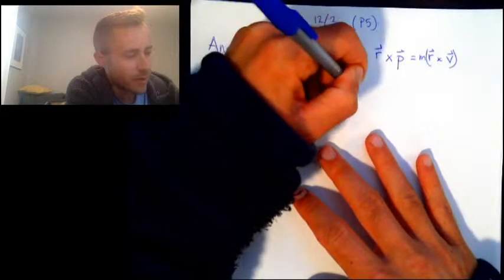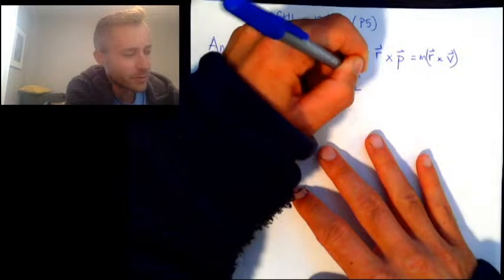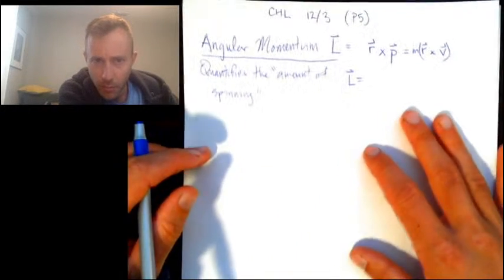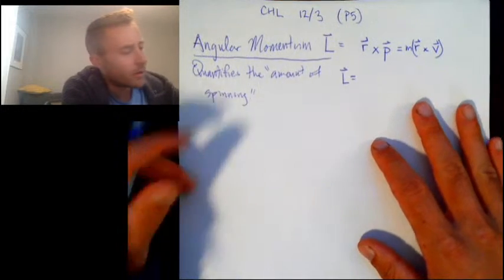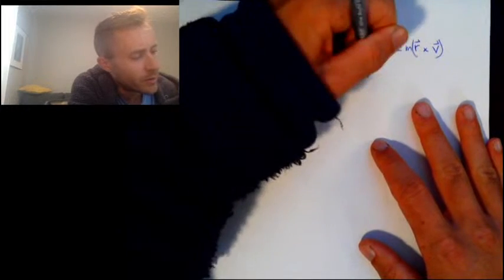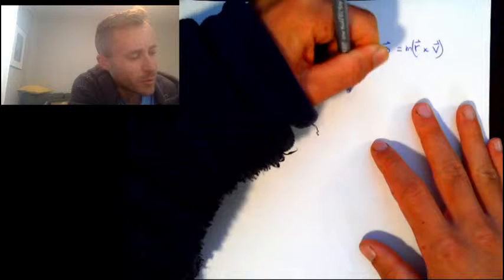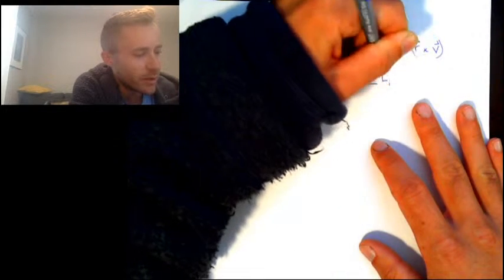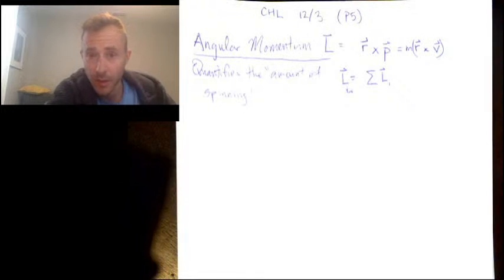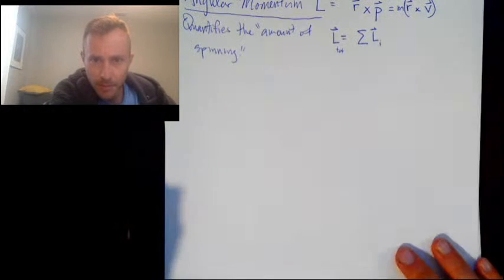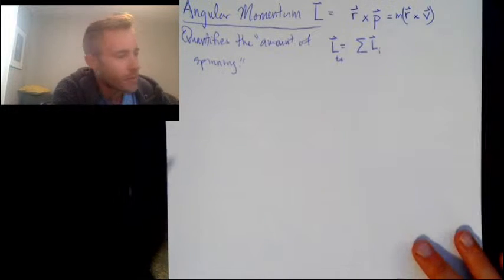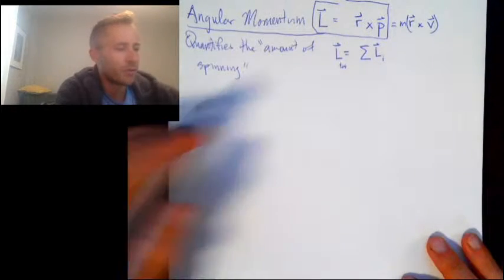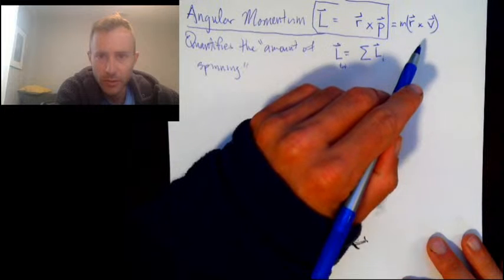If you have a bunch of particles, then the total angular momentum is going to be the sum of the individual angular momenta. So that's the formula. And from this formula, we can actually get the units of angular momentum.